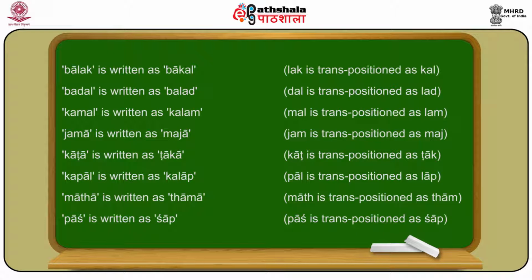So this is basically what we call transposition of characters at the time of typing. The unique thing is that this has been created by rearrangement of characters, which has been done unknowingly, unconsciously.